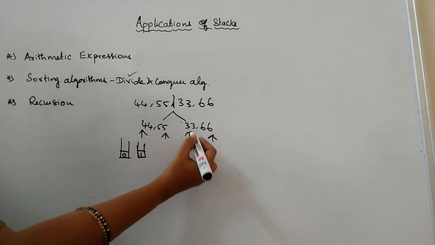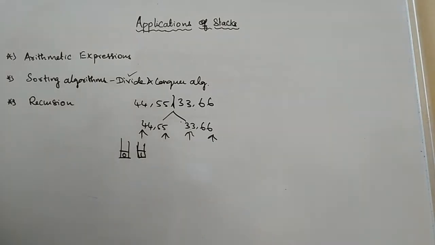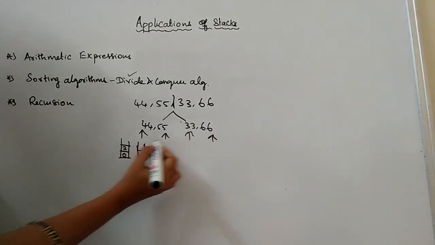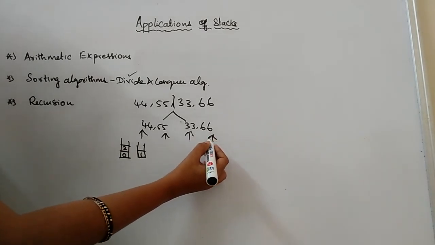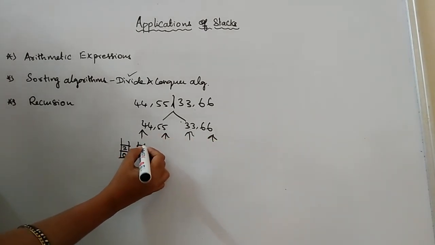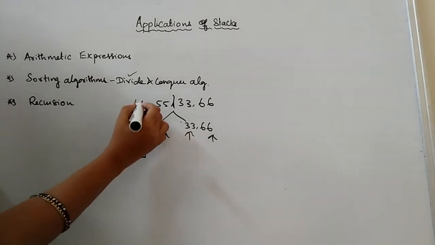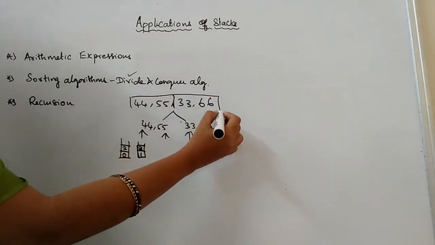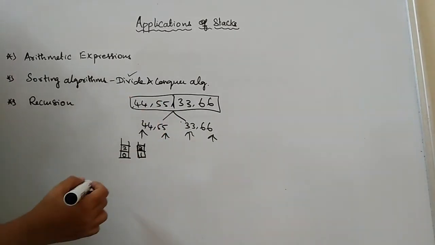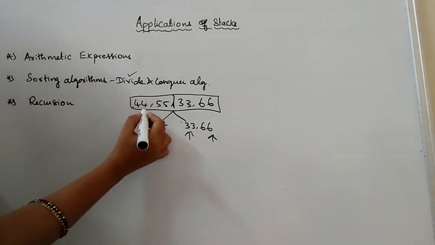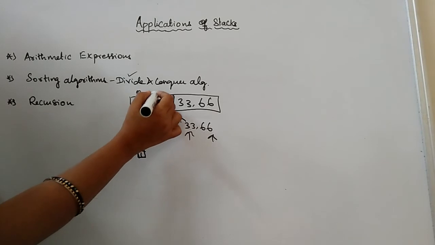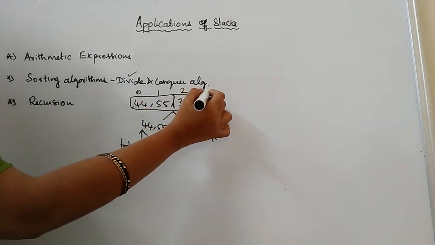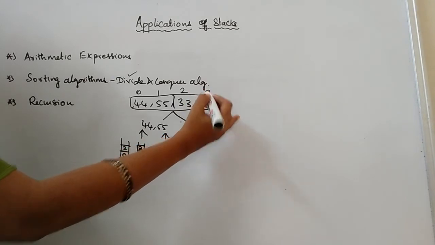And in the same way, for this subset the lower bound is 2, and for this one I have 3. Since the index starts from 0, because the list of elements gets stored in an array and the index starts with 0. So the index for 44 is 0, for 55 it is 1, for 33 it is 2, and for 66 it is 3.